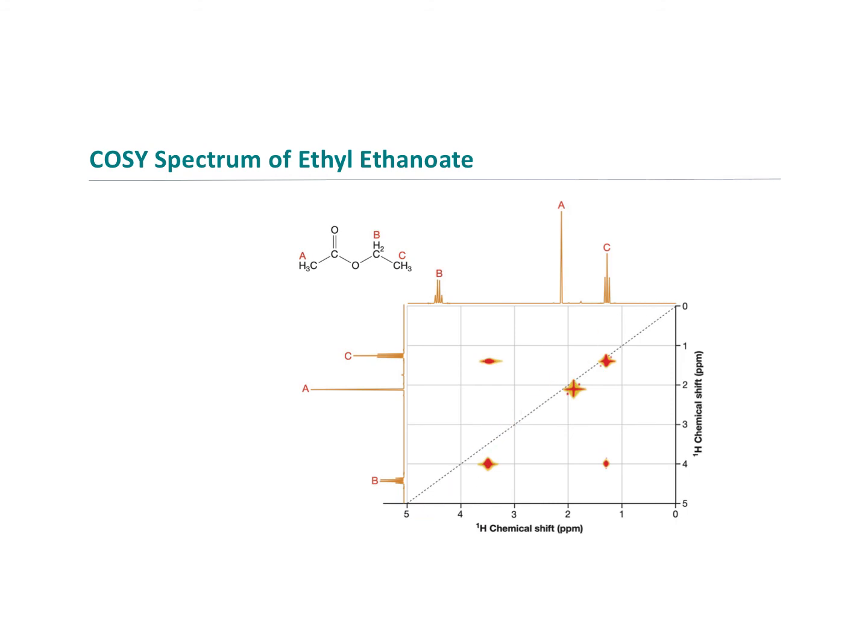And so this is called a homonuclear correlation spectroscopy. We represent that with COSY. Which is a COSY spectrum, and there's an example shown here.